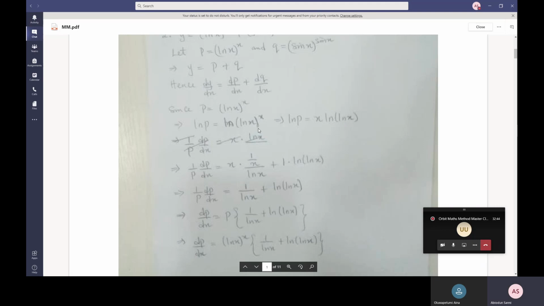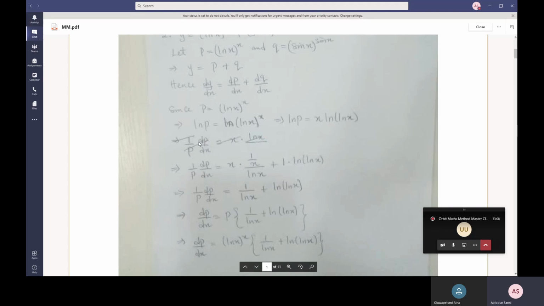Do you understand? Yeah. Now the next thing: it's a product, x times ln of something. You have an algebraic expression and a logarithmic expression, so we are going to use the product rule. x is going to be our u, while ln of ln x is going to be our v.